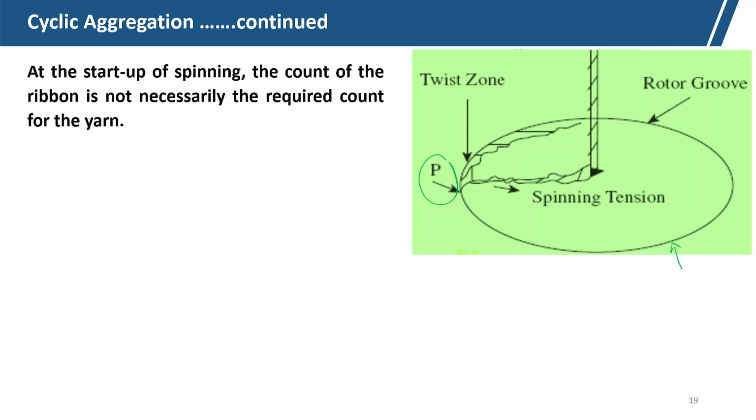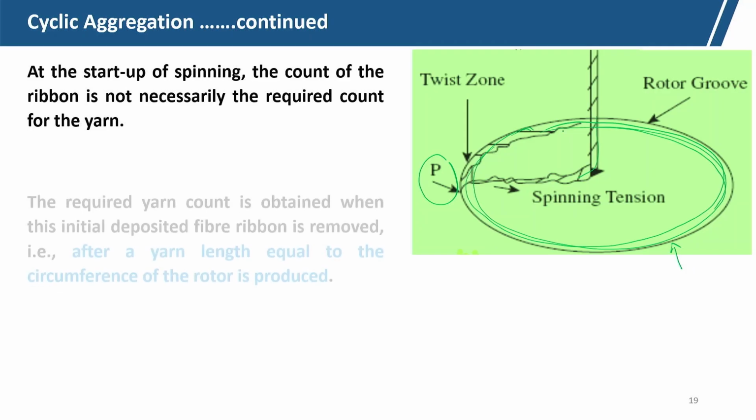At the start up of the spinning, the count of the ribbon is not necessarily equal to the yarn count. When the yarn is being formed at the start, whatever fiber layers are taken may not exactly be the targeted yarn count. So, what we do first, the yarn will be formed when the first circumference of this fiber ribbon is removed.